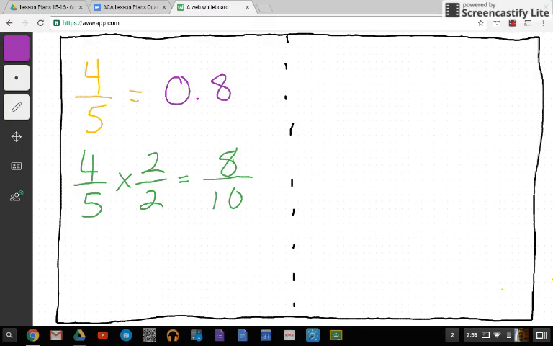But let's say you have the worst case scenario. You've got a fraction where you cannot make the denominator into a 10, a 100, or 1,000. That would be as bad as it's going to be.